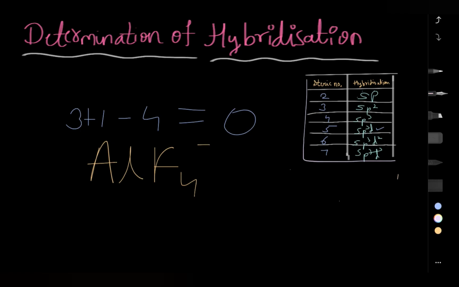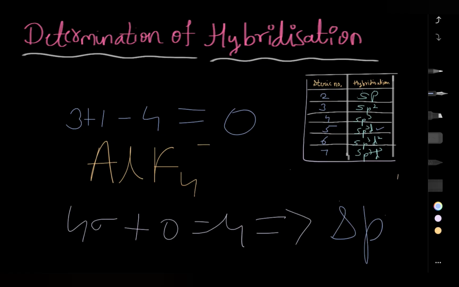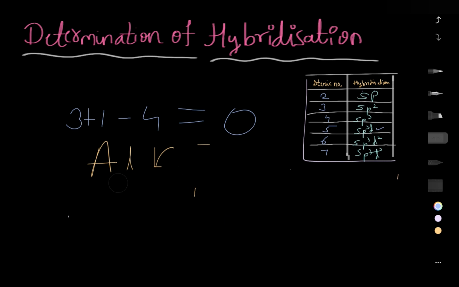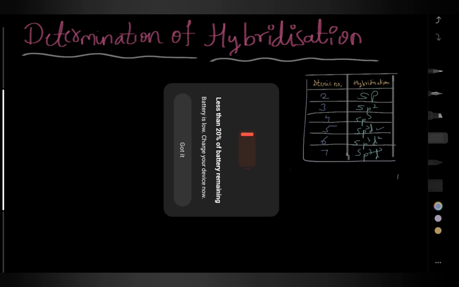Then how many sigma bonds are formed here? 4 sigma bonds, because the number of terminal atoms is 4. 4 sigma plus 0 equals 4, which implies it is sp3 hybridized. Let me see one more example so that the conceptual understanding will be there.